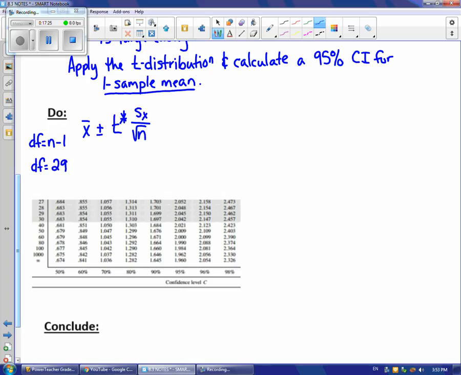Now, using your table for T star, I want to be 95% confident and my degrees of freedom is 29. So if I follow along that row till I get to 95% confident, I can see that my T star value is going to be 2.045.